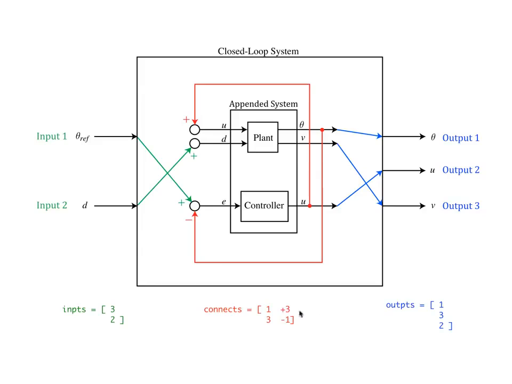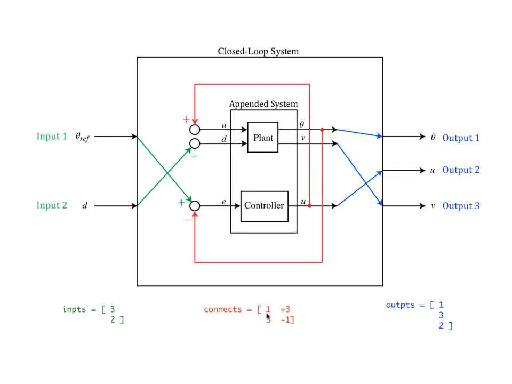Subsequent elements in each row indicate the numbers of the outputs of the appended system to be connected back to the input named at the first column position of that row. The sign in the second and subsequent elements in each row indicates whether the feedback connections are to be made via a positive sign or a negative sign.